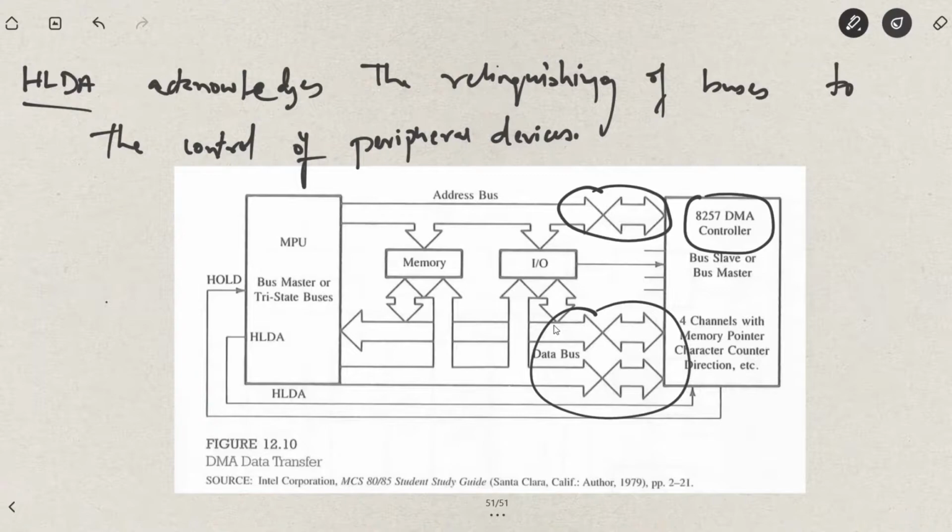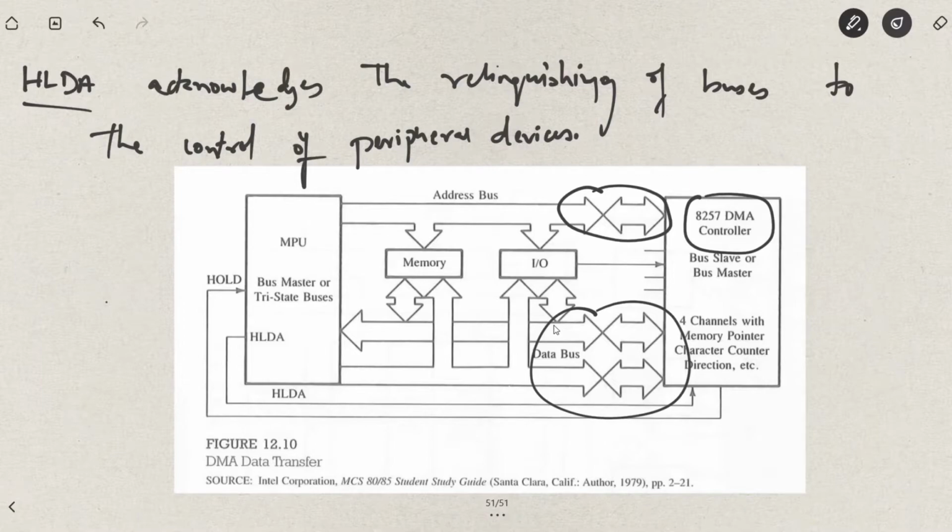So direct communication between the peripheral and the memory is avoided; this communication is made through the 8257 DMA controller. Only after the HOLD signal becomes low again will the DMA controller release the address bus, the data bus, and the control bus for use by the microprocessor.